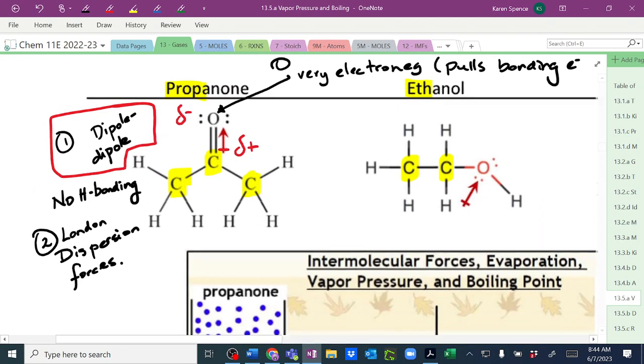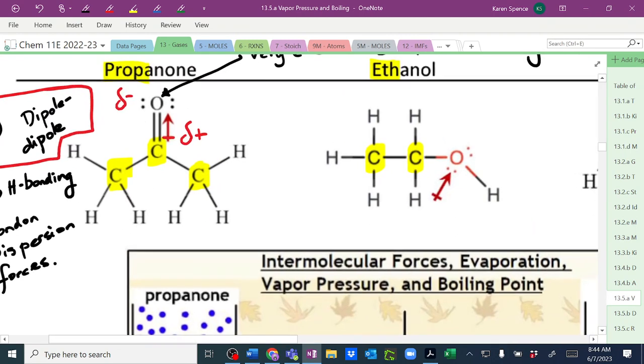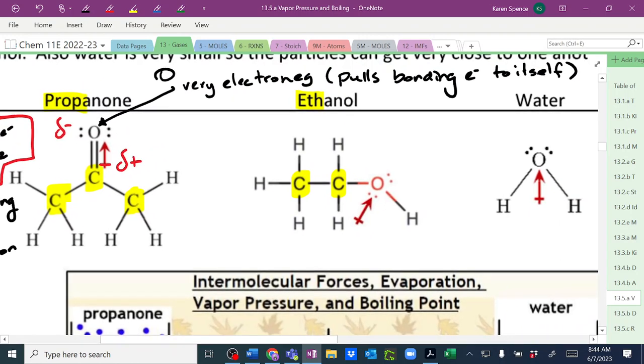Okay, so that was propanone. And then we have ethanol. Let's consider ethanol. What are the intermolecular forces between ethanol molecules? We will get hydrogen bonding because the hydrogen is bonded to a very electronegative oxygen, okay?